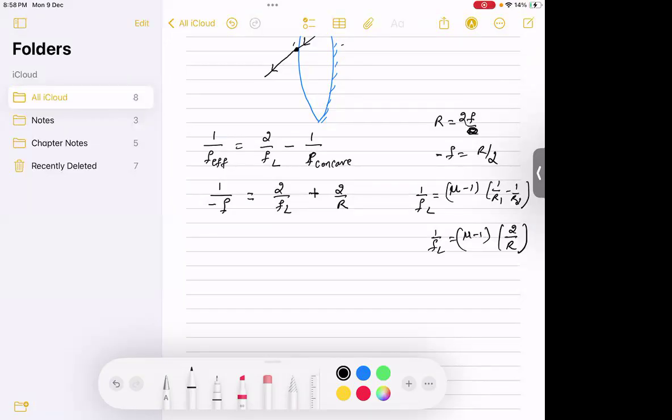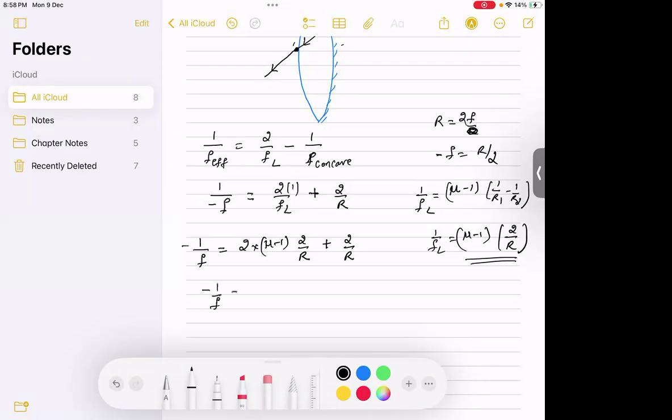I'll keep minus 1 by f with the negative sign, and keep this 2 by r as it is. Then 1 by fl becomes mu minus 1 into 2 divided by r, plus 2 by r.